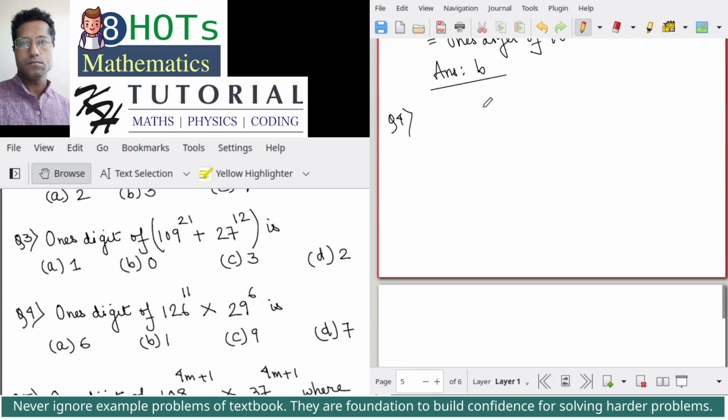We have to find the ones digit of 126 to the power 11 multiplied by 29 to the power 6.